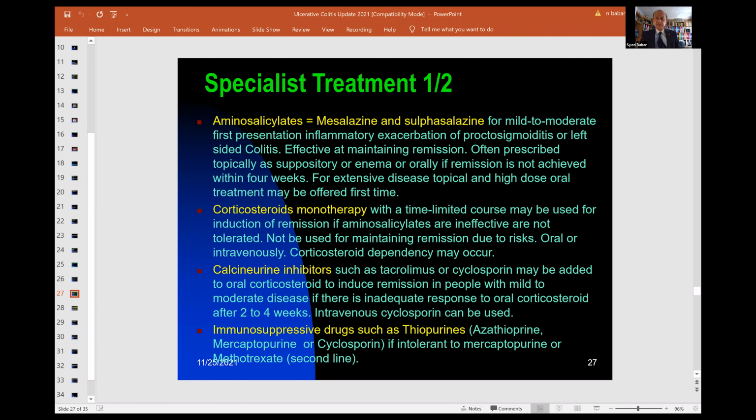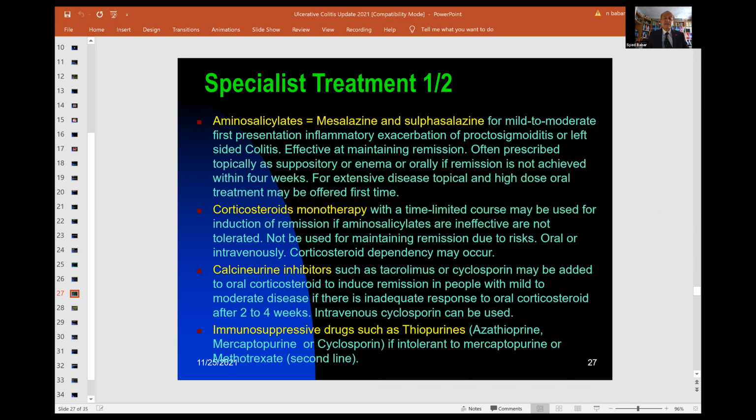So how does the treatment of ulcerative colitis actually take place from a pharmacological point of view? The aminosalicylates are sulfonamide-type agents with an active principle, which is aminosalicylate, and this has a calming effect on the inflammatory nature of ulcerative colitis, and it usually is given orally.